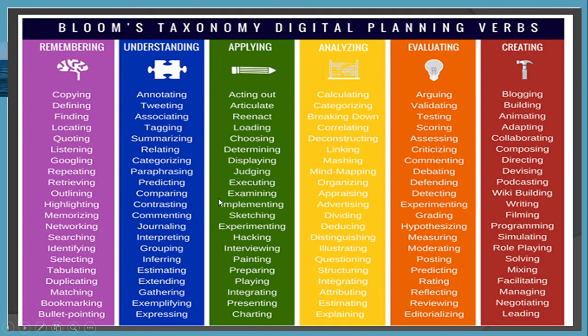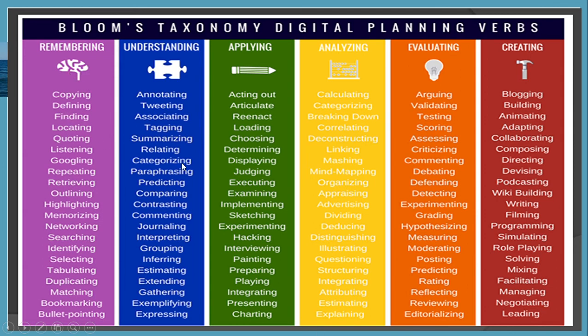So we have here the Bloom's taxonomy digital planning verbs. In remembering, as you can remember, this is the bottom of Bloom's taxonomy. So you can use these words in remembering.